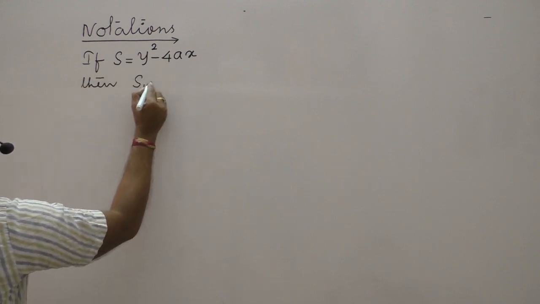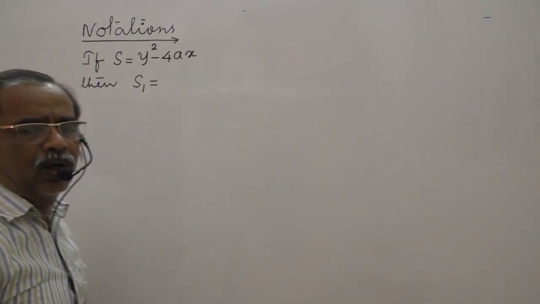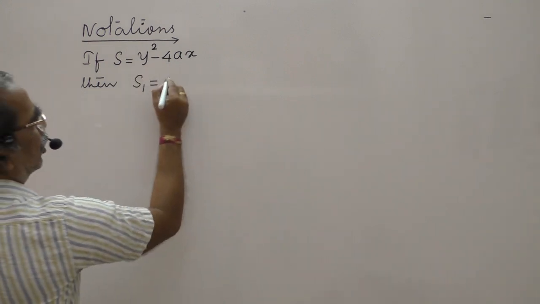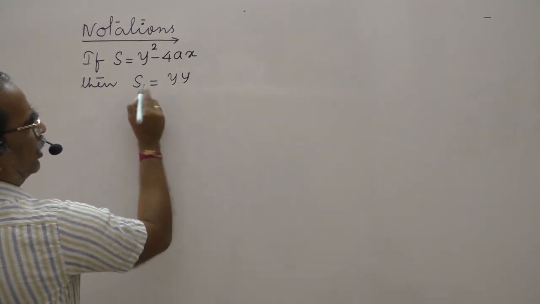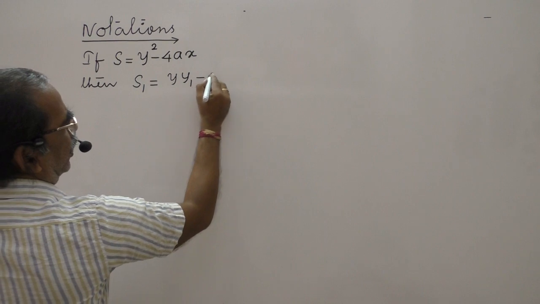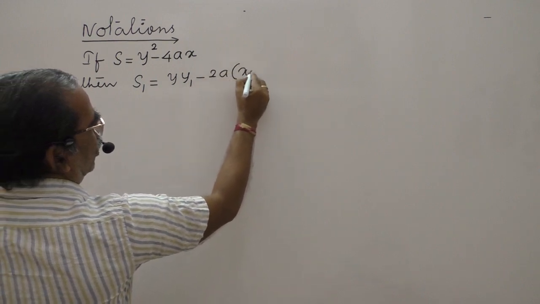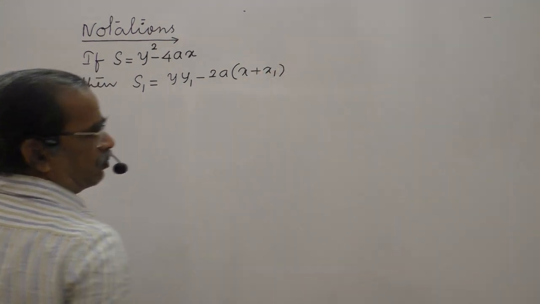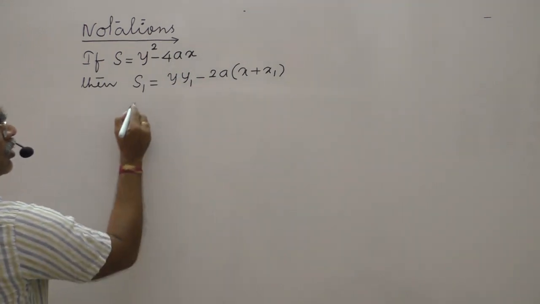Writing notations is very important. For this curve, what is S1? Y square means y into y. There is one index, so write 1. Next, 4ax can be 2a into x plus x1. One index is there, so you put index 1 for x. So if S is equal to this, then S1 is this.